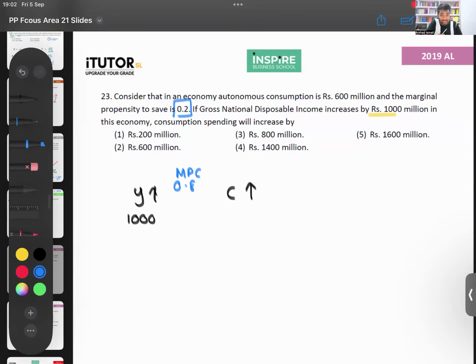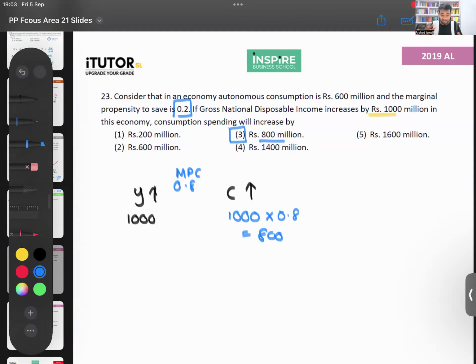They will make that word fancy, gross national disposable, but they're saying income. If income increases by 1000, MPC is 0.8 now. Consumption will increase by how much? 1000 into 0.8. Because MPC is when your income increases, how much of it do you consume? That is only 800. Answer number 3.